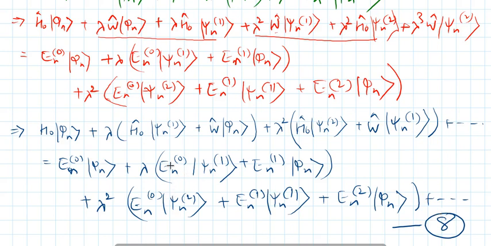So now I will compare the coefficients. This is a constant term independent of lambda. This is a lambda term, this is another lambda term on the other side, and similarly these.